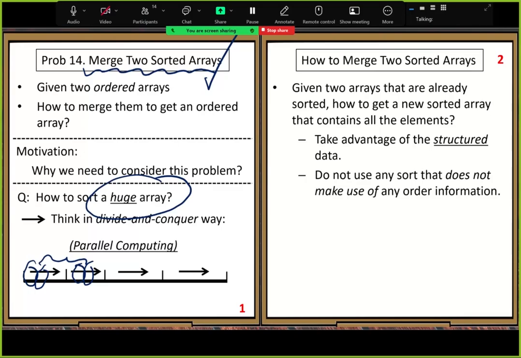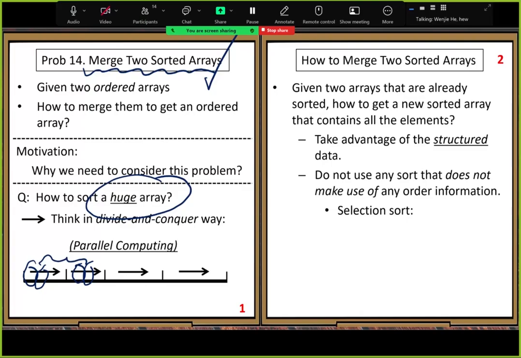Let's look at selection sort. If the input data is ordered or not, does it matter? It doesn't matter. No matter whether the input data is ordered or unordered, you need the same number of comparisons for selection sort: 1/2 times n times n minus 1.